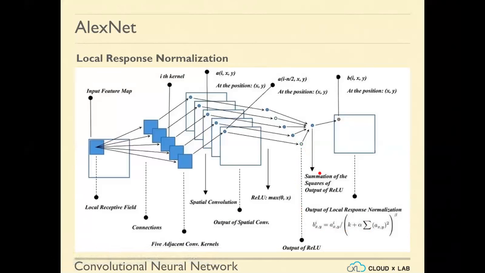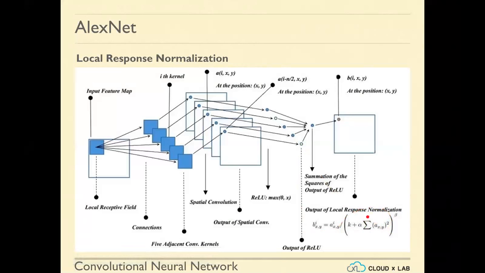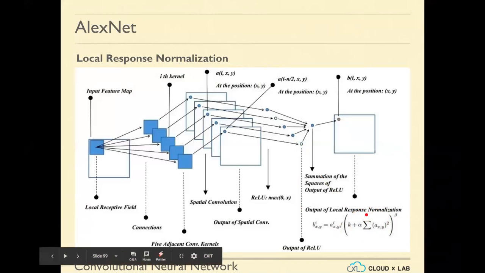All right. So summation of squares, and there are two extra parameters: k and beta. K is for avoiding division by 0, and beta is to emphasize further, and is a hyperparameter that we could control. If it is square root, let's say beta is 1 by 2, then this will be a square root of it, and so on.